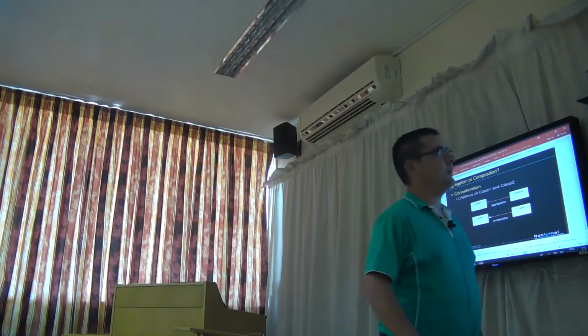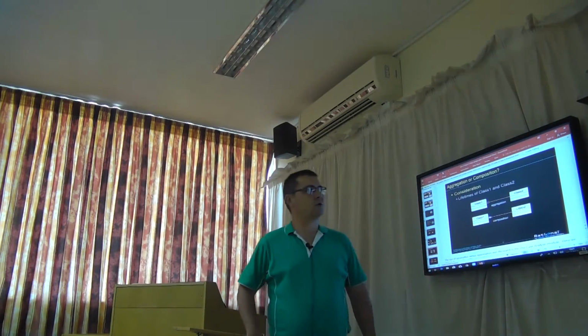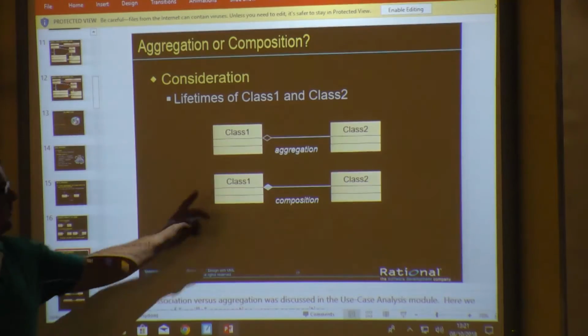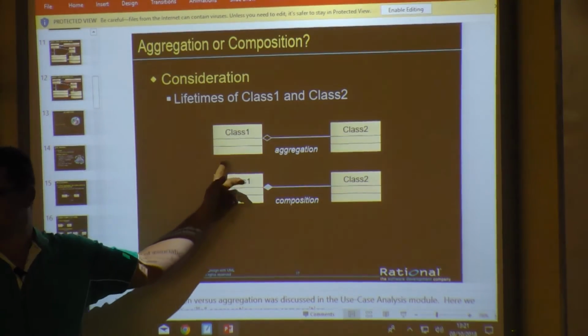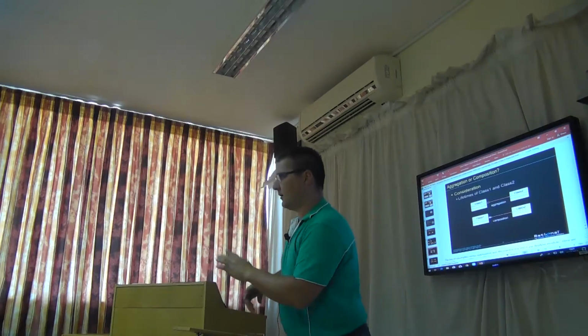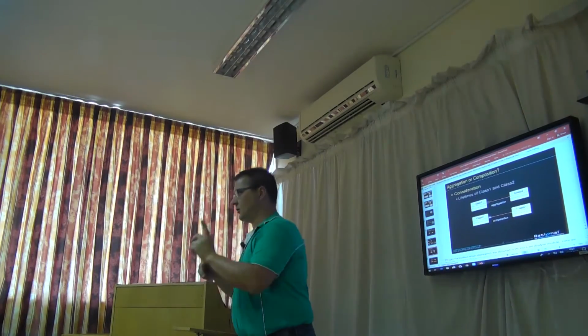Then there are also the considerations. We need to look at the lifetime of our classes. If we're looking between aggregation and composition, how do we decide whether it is going to be aggregation or composition?